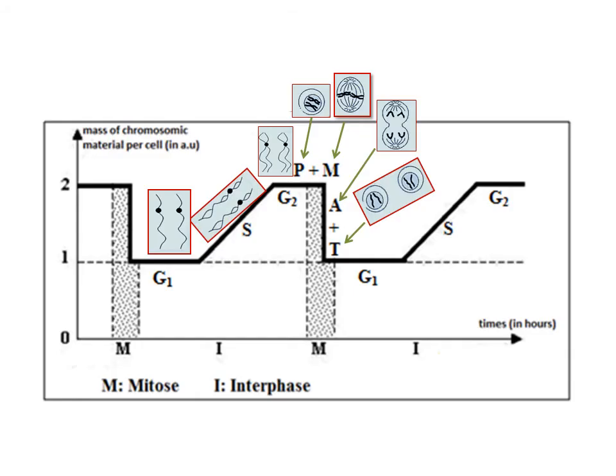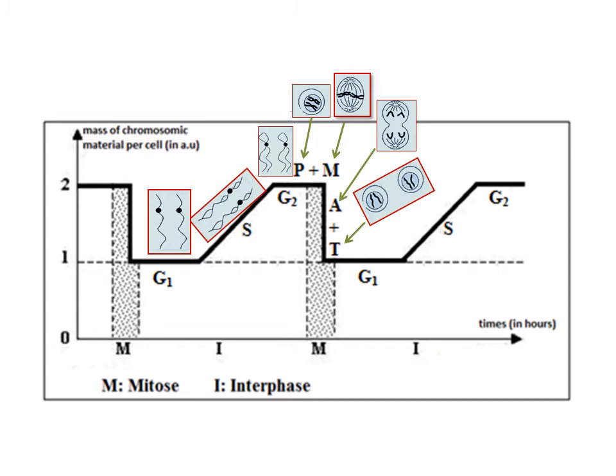This document represents the evolution of the quantity of chromosomal material during one cell cycle and the microphotographs of cells during mitosis. As shown in this graph, during interphase the quantity of chromosomal material duplicates: at the beginning of interphase, G1, the chromosome consists of one chromatid, while at the end of interphase the chromosome consists of two chromatids.